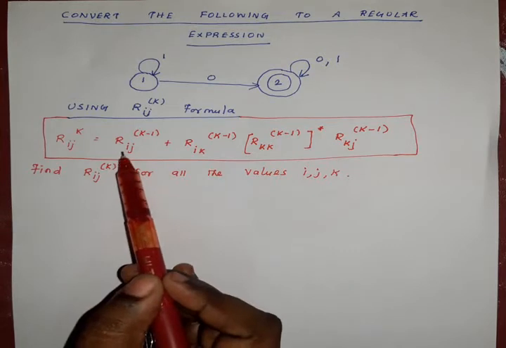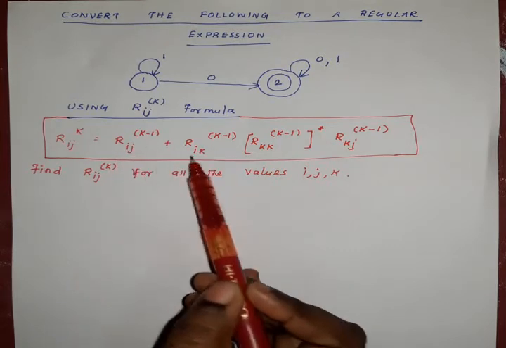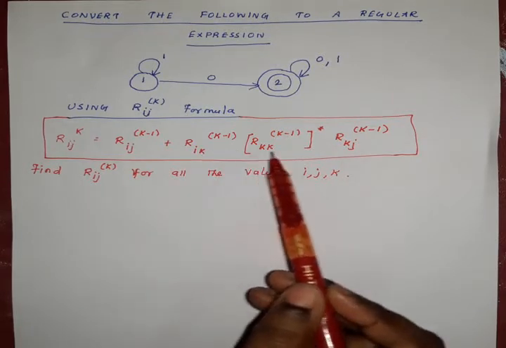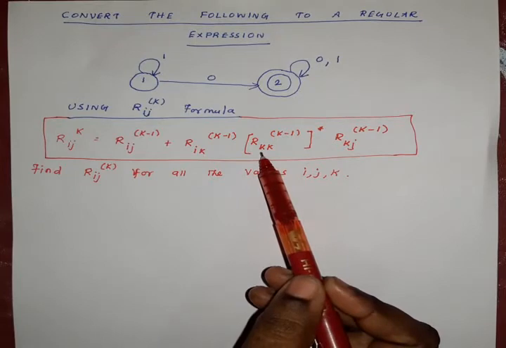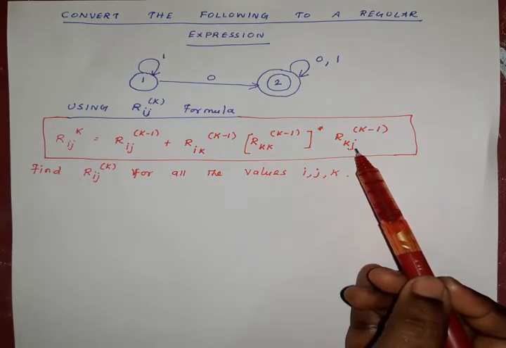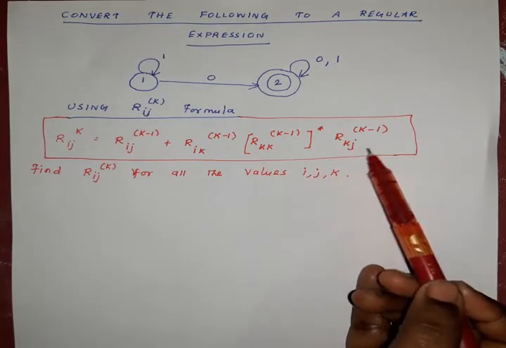Initially the path goes from the initial state to the final state. Here the path goes from the initial state to the intermediate state, and here the path goes from the intermediate state to the same state, which means the self loop, and finally the intermediate state goes to the final state.